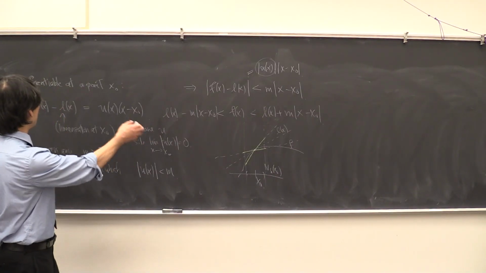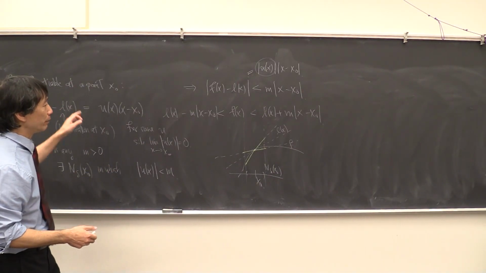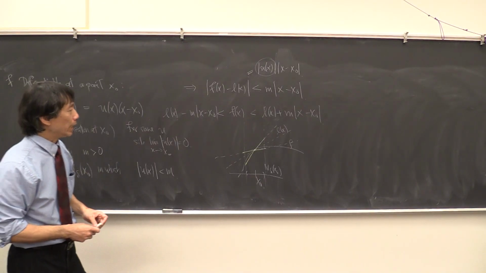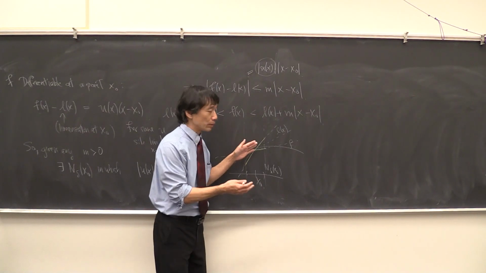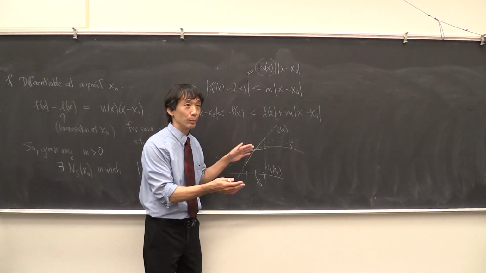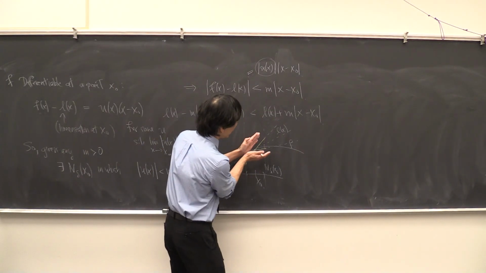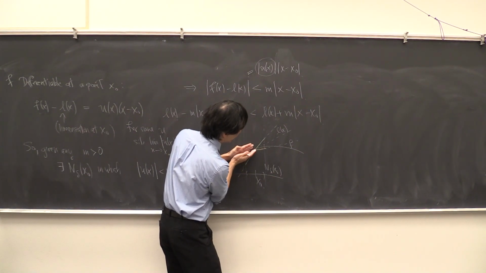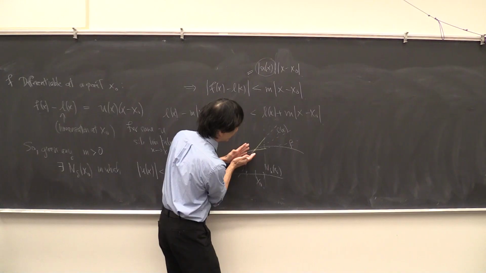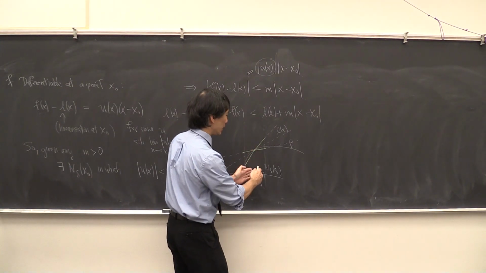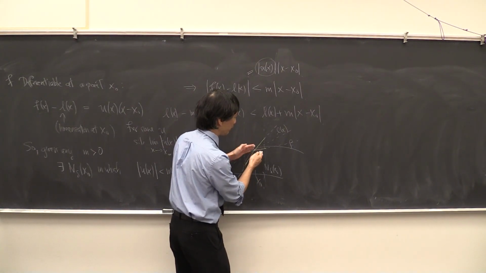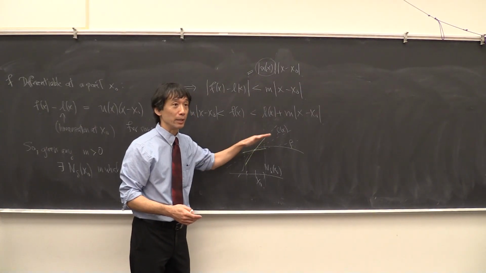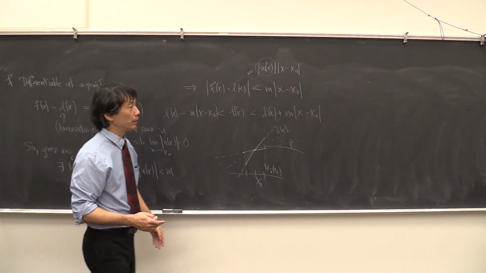I'm just recasting it again. You see that this goes well with the line-like interpretation. I can choose a very thin, very narrow aperture here, and I'm guaranteed a neighborhood in which my function stays on that thin bow tie. So I can make it as line-like as I desire.